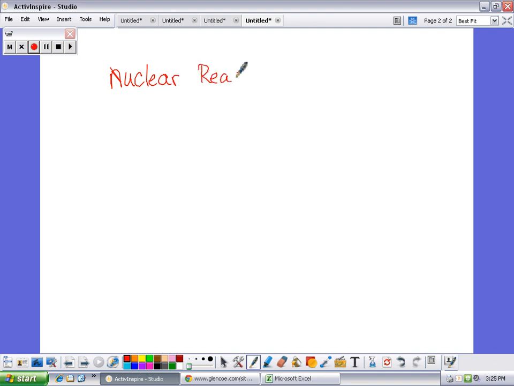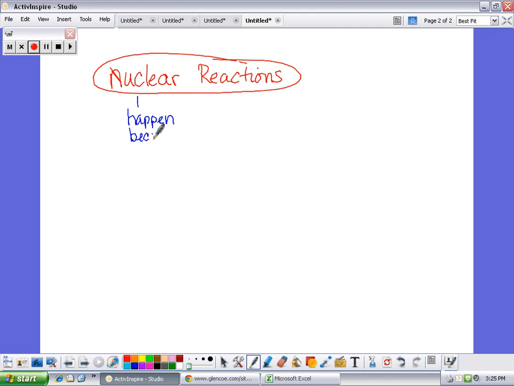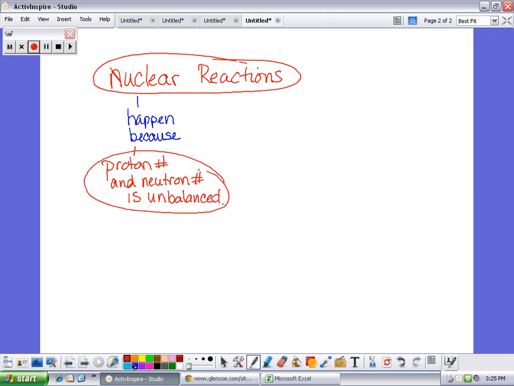Nuclear reactions happen because the proton number and neutron number is unbalanced. And this makes the element unstable.